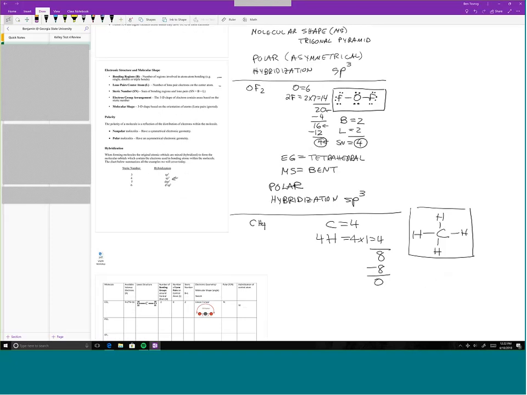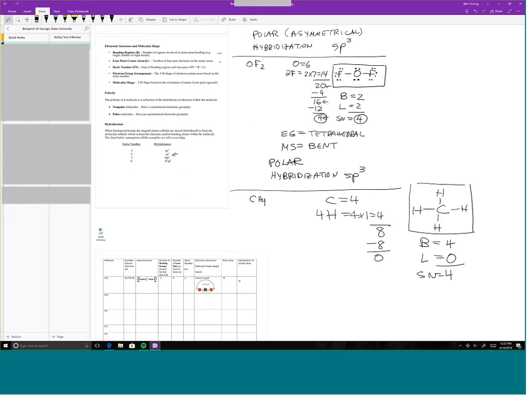Now let's get into the counting. Bonding groups are going to be 4 because of the 4 CH bonds. Lone pairs on the center atom is 0, so the steric number is 4. So again, we have another 4 example. Electronic geometry, tetrahedral.